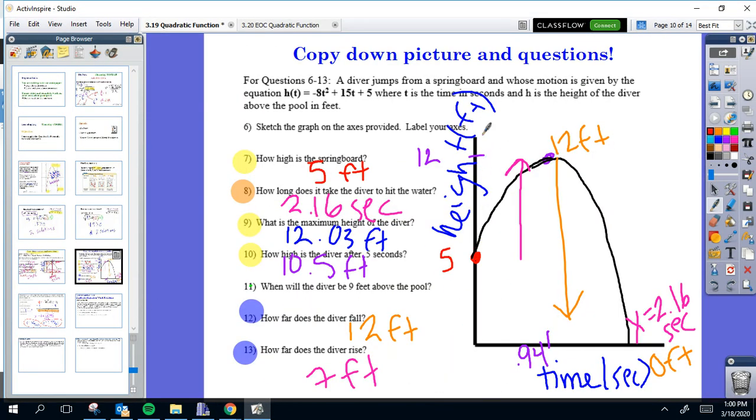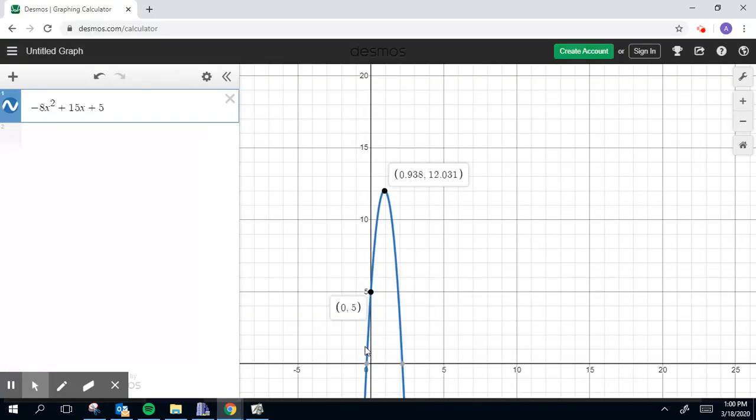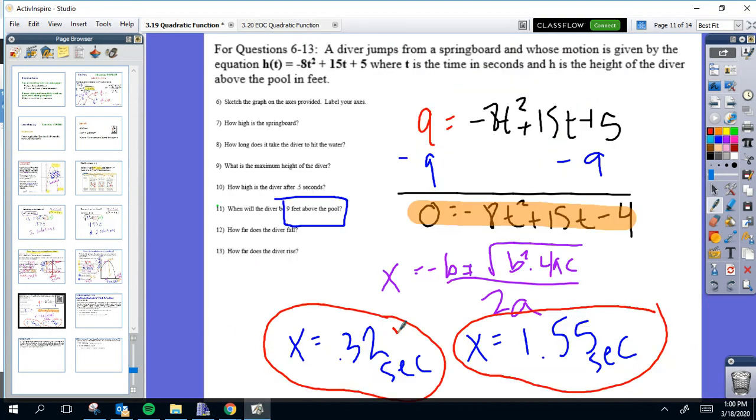We know feet is going to be in the y-axis, so let's figure out when y is going to equal 9. So I go up, and I'm getting closer and closer to 9, trying to get it as exact as possible. And yeah, that's pretty close. So something like 9.04. So you can see my x value is going to be 0.32, which matches what we have right here.